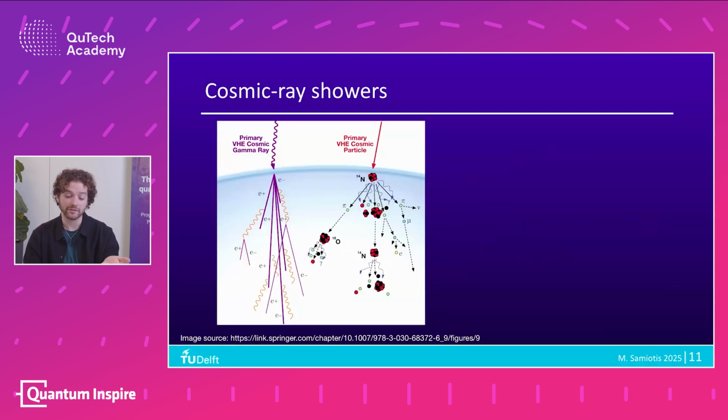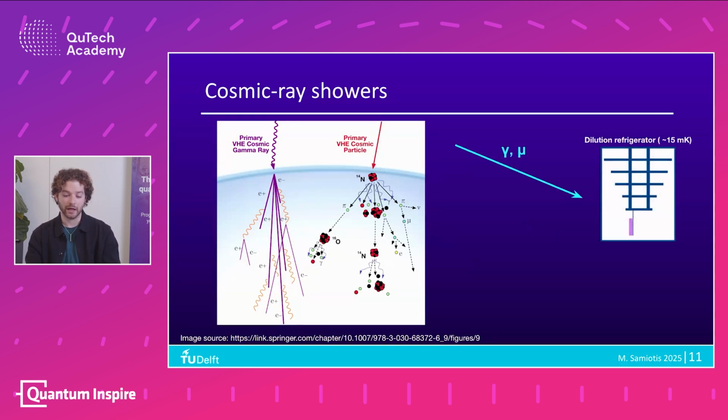For example, this is one example. We will talk about cosmic ray showers now. So when you have cosmic ray showers, the cosmic rays that come from outer space interact with the upper layers of our atmosphere, and they create a lot of products of ionizing radiation that go down.